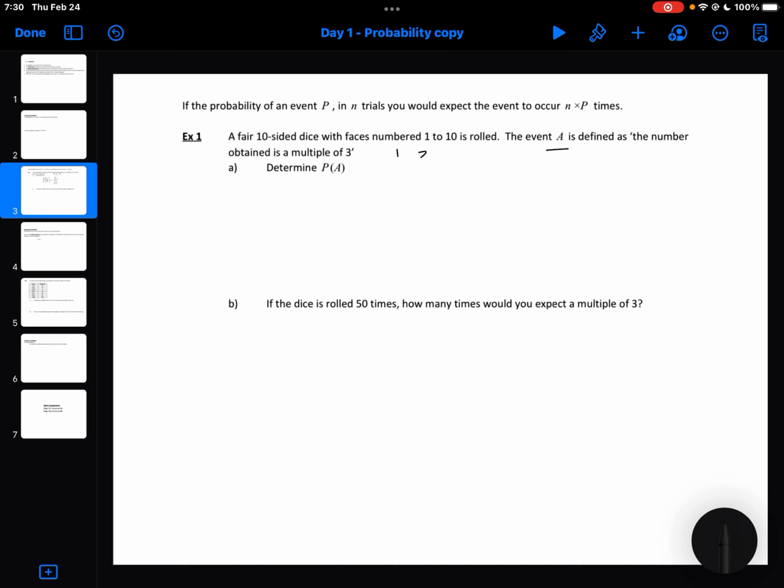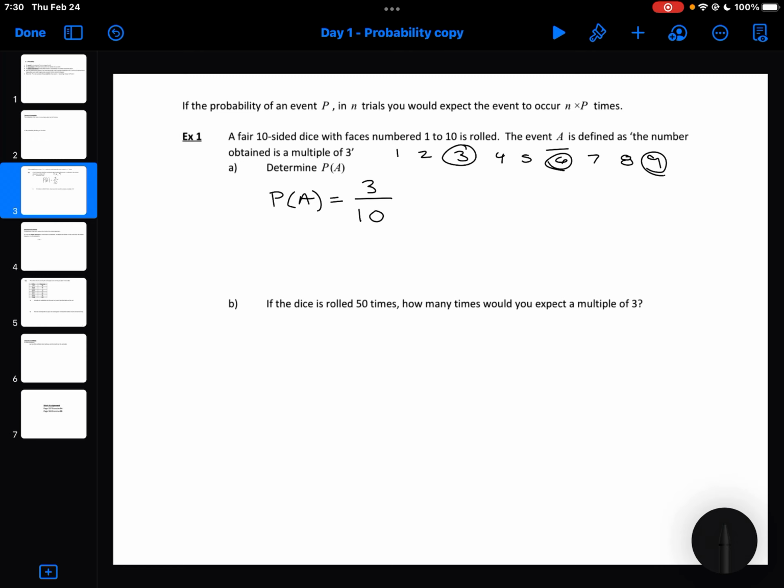In a fair dice, we've got 3 possibilities that are a multiple of 3: 3, 6, and 9. So our probability of event A occurring is 3 out of a possible 10 options.